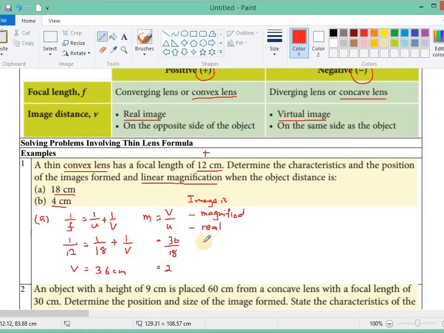And if it is a real image, it means that it must be inverted, because all real images are inverted.